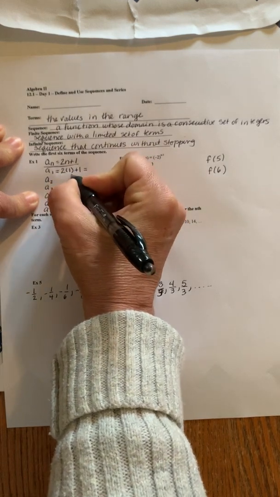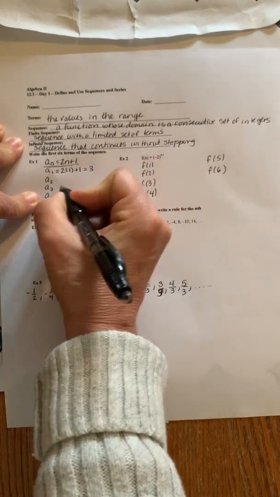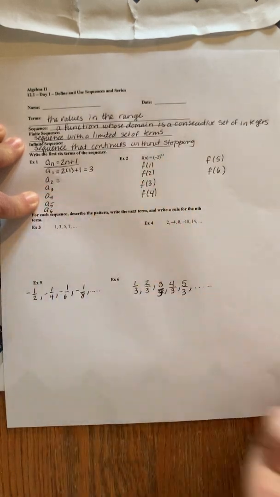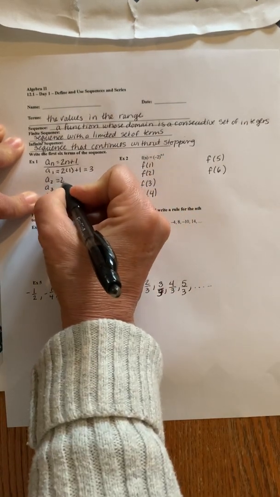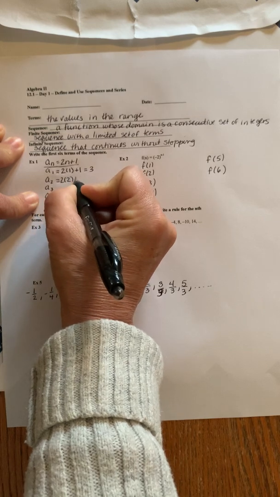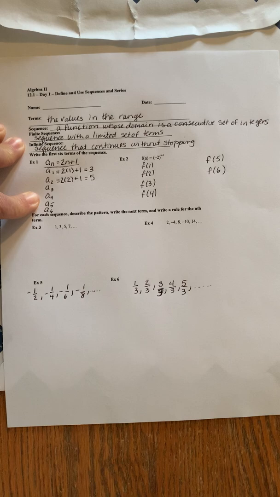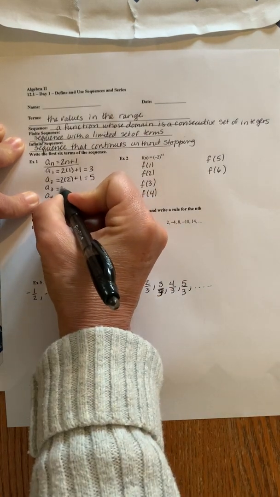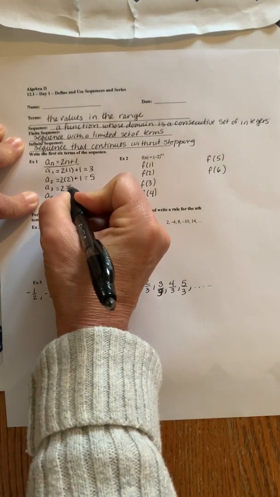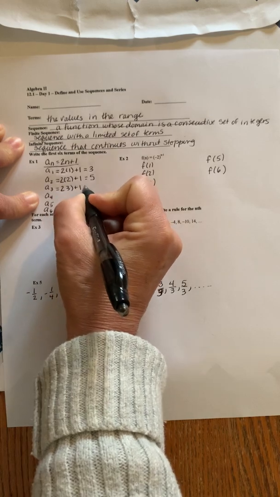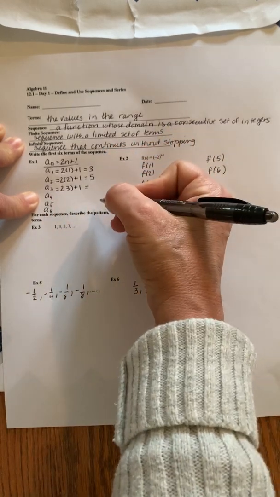So this is going to be 2 times 1 plus 1 is 3. This one is going to be 2 times 2 plus 1 is 5. And you can see what's happening is every term that we do the next one, we're adding 2.